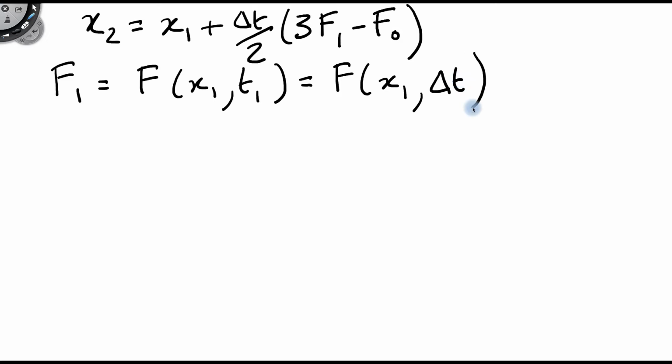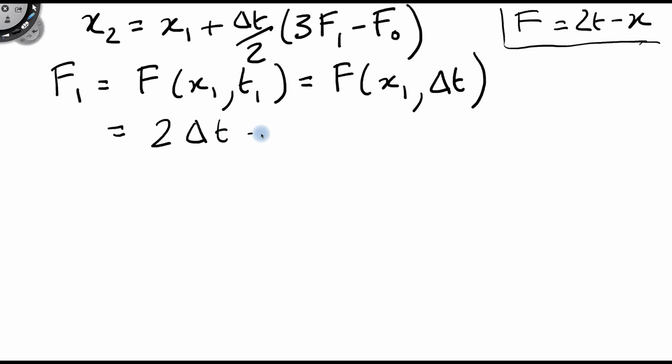And remember f equals 2t minus x. I'll just put that up in the corner there as a reference. So that's equal to 2 times t, which is 2 delta t, minus x1.